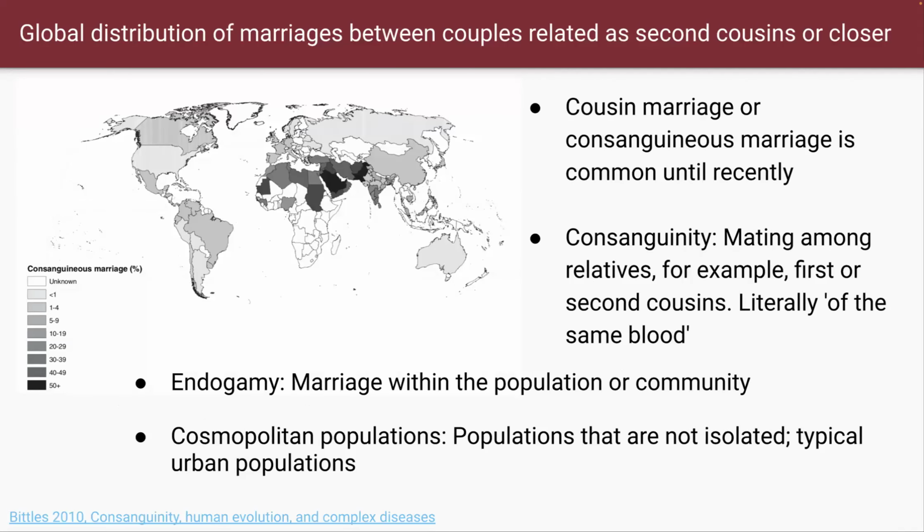So this is the distribution of marriage between couples, and can you see it here on my Zoom? As second cousins or closer. If you look at the rates of consanguineous marriage across countries, we can see different rates between them. In the Middle East, they have a really high percentage of consanguineous marriage, around 50%, right?